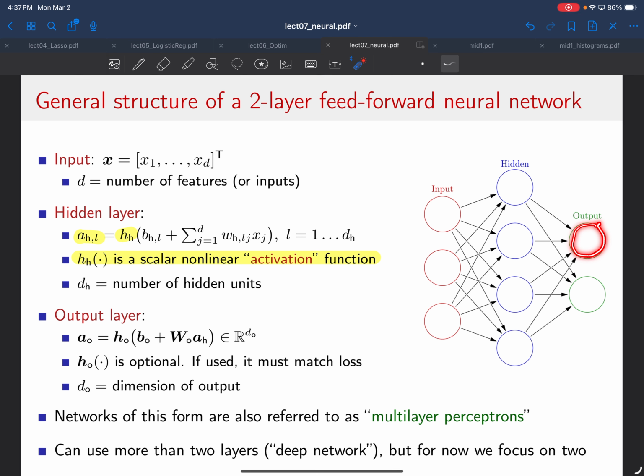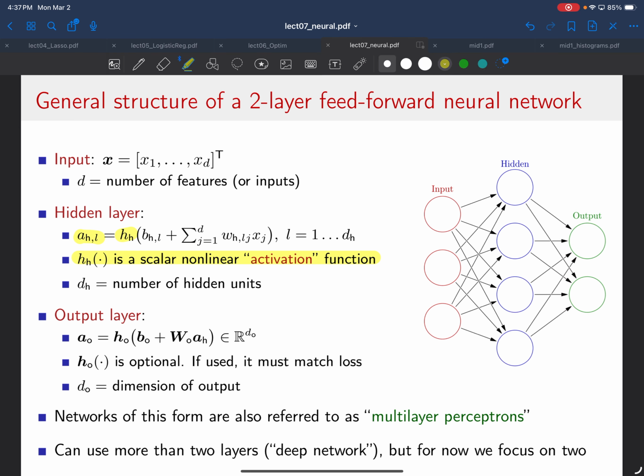If you're doing classification of 3 or more categories, then the way we set things up in the past is the one-versus-rest idea. And so you would have 3 output nodes. The size of the first one would be how confident you are that it's in class 1 versus class 2 versus class 3. Okay, so that's the hidden layer and the output layer.